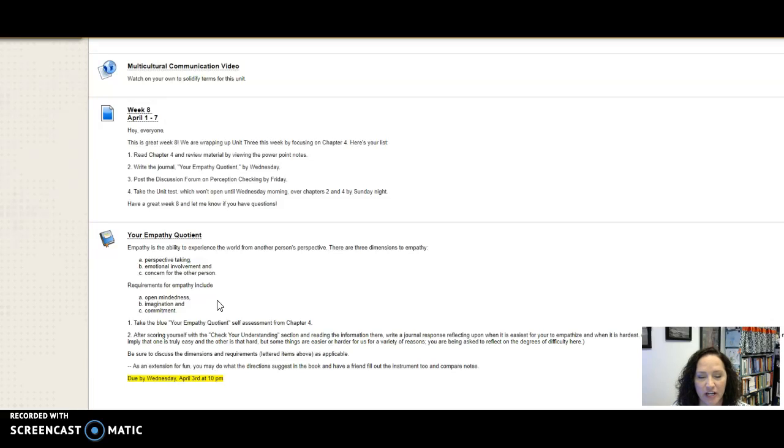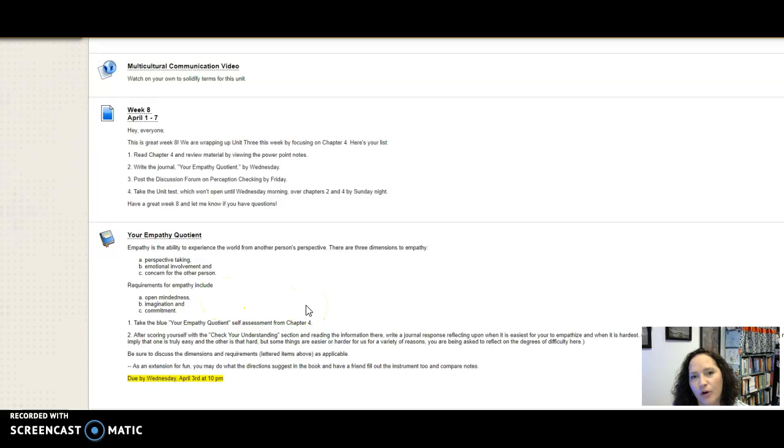Then in the check your understanding section in the back of the chapter, there's a way that you can score that to see where you fall in the range of what other people score, so that you can think about whether you need to be a little more open-minded, have a little better imagination, or exhibit more of a desire to put your feet in the shoes of other people in order to better communicate with them. So that's this week's journal, due by Wednesday.